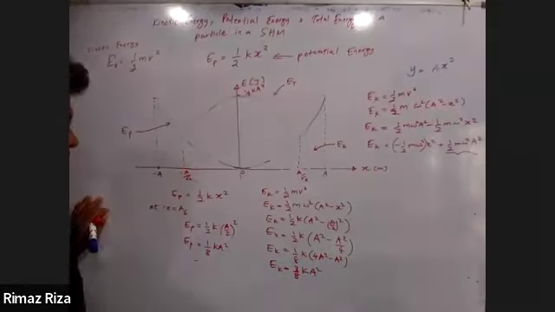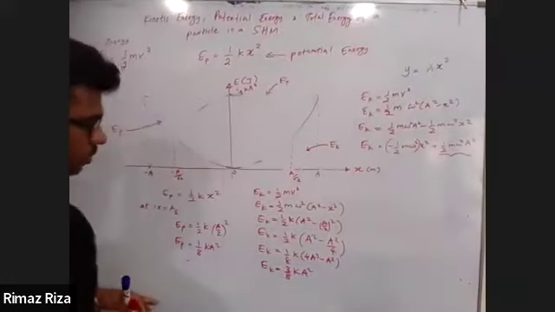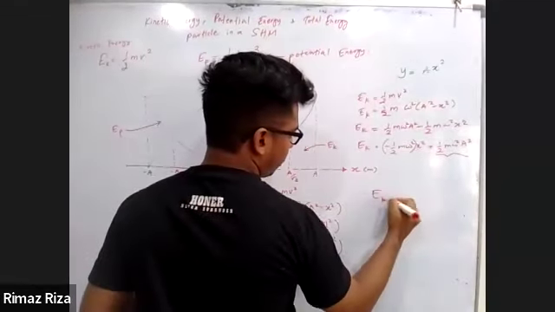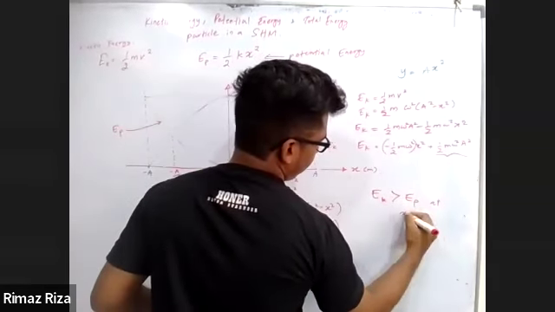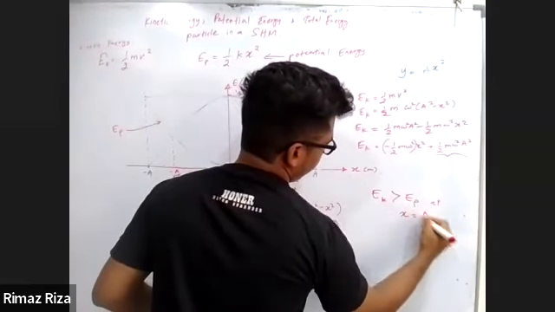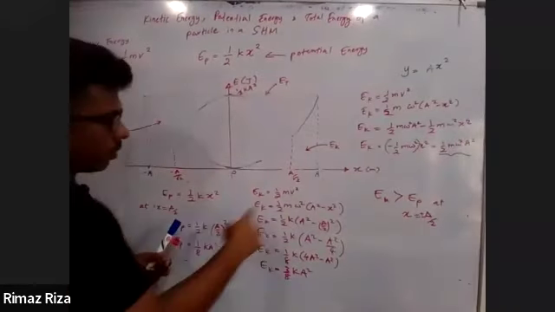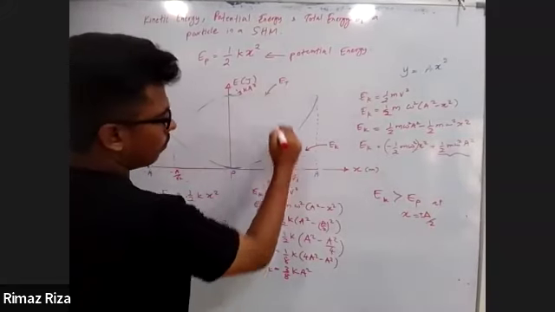Okay. So it is clear that kinetic energy is greater than the potential energy, right? So kinetic energy is greater than potential energy at x equals a over 2. It is either plus or minus a over 2. See, a over 2, this a over root 2, a over 2 is somewhere here.